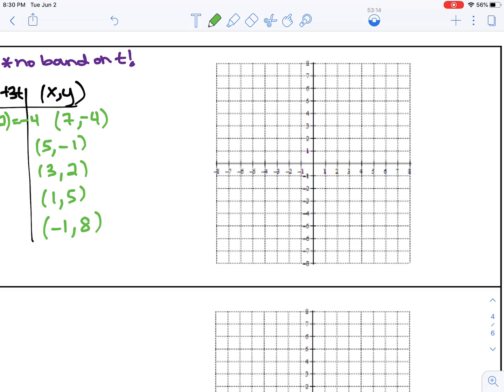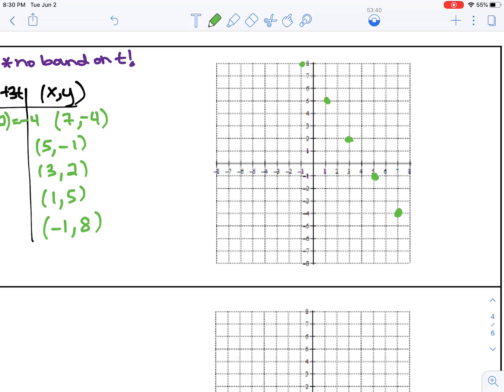But at any rate, we're okay here. So we'll take these x, y points from the table and plot them on our graph. So we have 7, negative 4, so 1, 2, 3, 4, we're down here. We have 5, negative 1, and then we have 3, 2, followed by 1, 5, and lastly negative 1, 8.